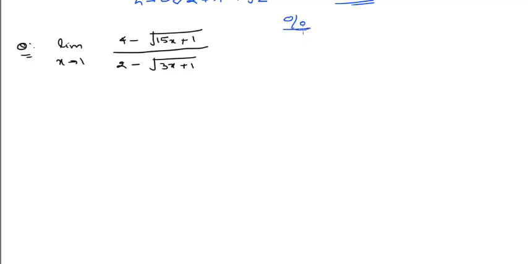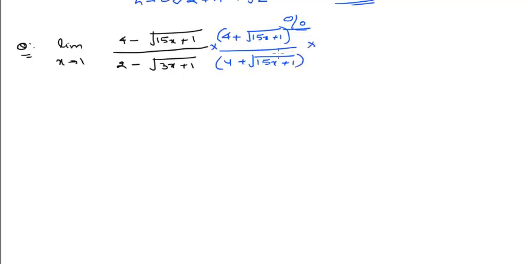Now we see irrational quantities both in the numerator as well as the denominator. So we'll try to rationalize both the denominator as well as the numerator. First we'll rationalize the numerator. We'll multiply it by 4 plus under root 15x plus 1 and divide it by the same quantity, that is 4 plus under root of 15x plus 1.